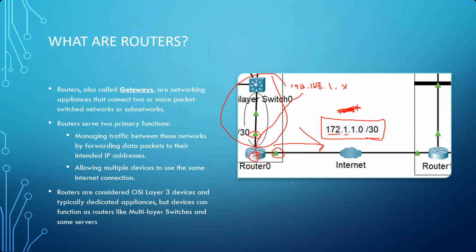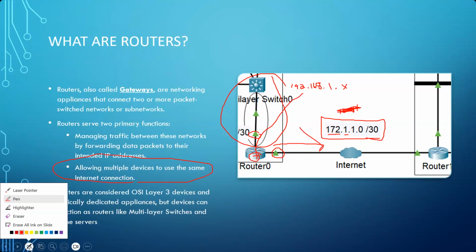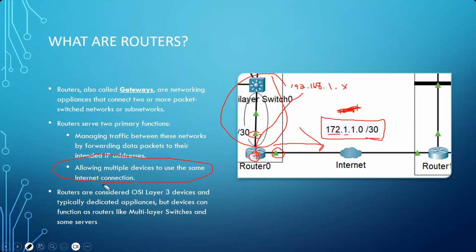He's also going to keep a record of it so that the outside world will only see your single solitary public address, which is known as network address translation. So that's one of the functions of the router, to allow multiple devices to use the same internet connection through a feature known as network address translation. We just like to say NAT, as most network people, we love acronyms.